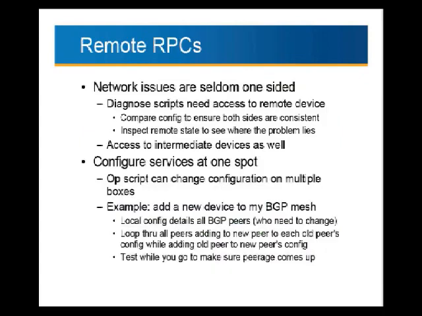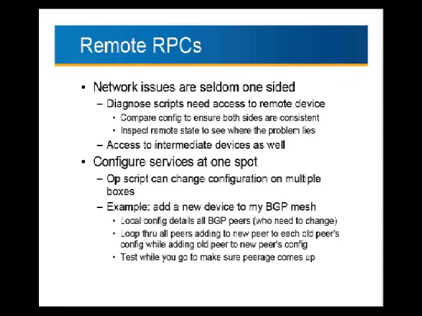In addition, you can perform remote RPCs. NETCONF is supported over SSH, and our box can do SSH, so you can contact another router, do an RPC to that router, and get information from that. Most network problems are not isolated to a single node, so being able to get information from both nodes gives you a better chance of diagnosing the problem.